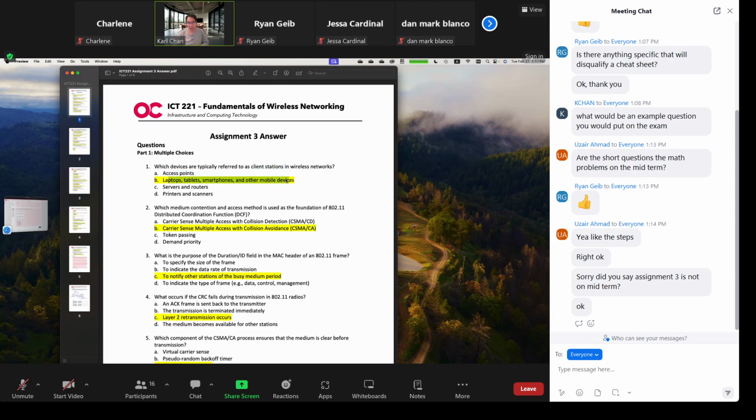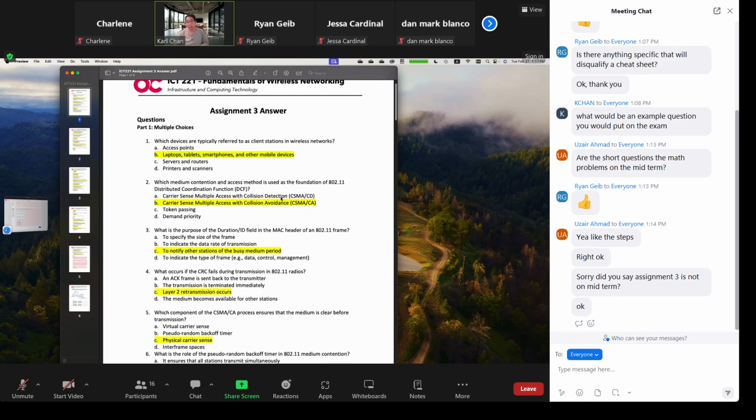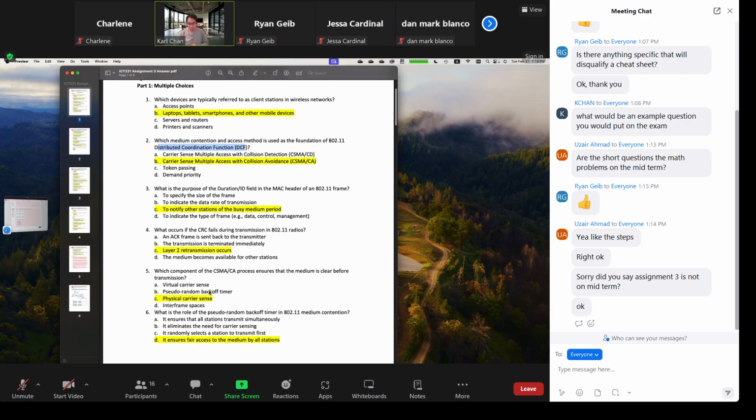And then DCF, distributed coordination function, is the technique to achieve CSMA/CA. DCF is a set of functions, which includes virtual carrier sensing, pseudo-random back-off timers, physical carrier sensing, and interframe space.